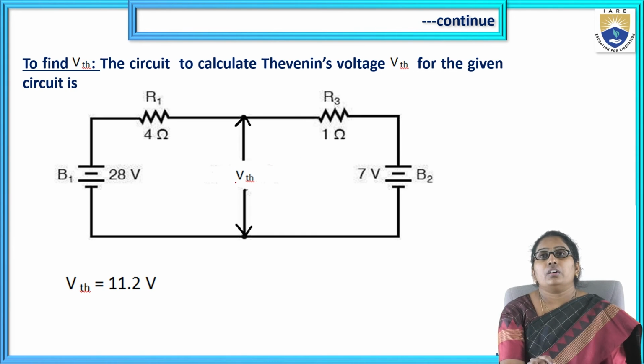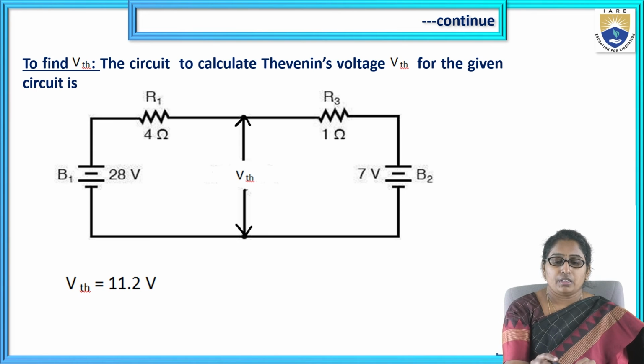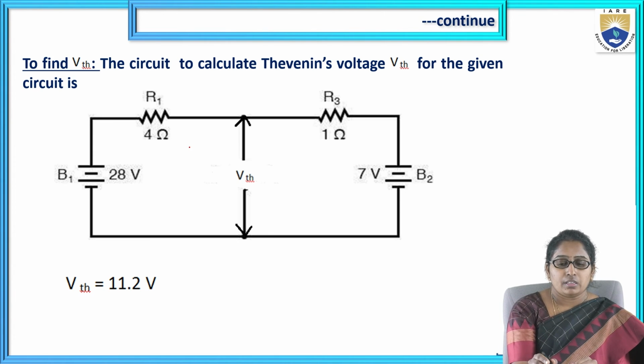Now, how do we solve this circuit to find this voltage? Using our basic knowledge again, this is VTH with the polarities like this.